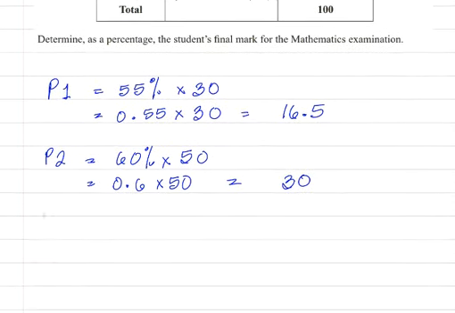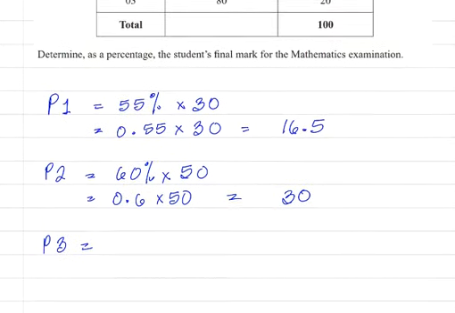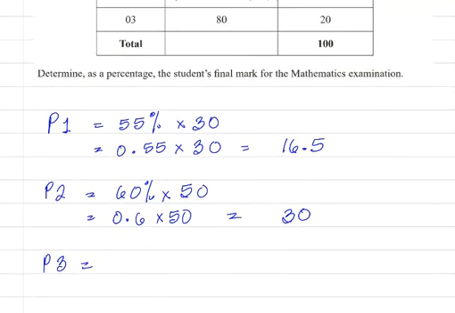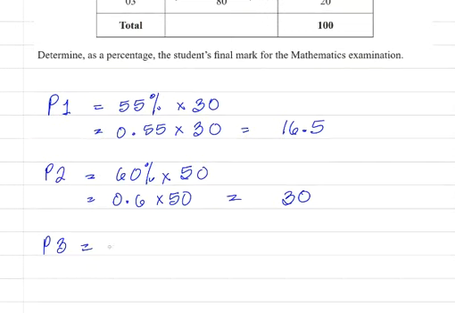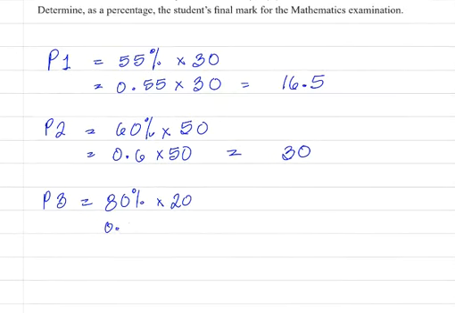Alright, and for paper 3, now paper 3 is marked out of 20, and the person got 80% of the mark. So this is 80% of the 20, which is 0.8 times 20. Alright, so the person got 16 out of the 20 marks.